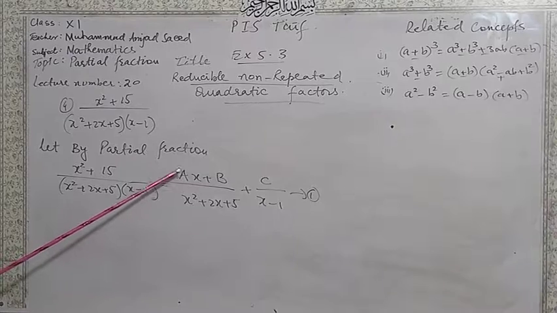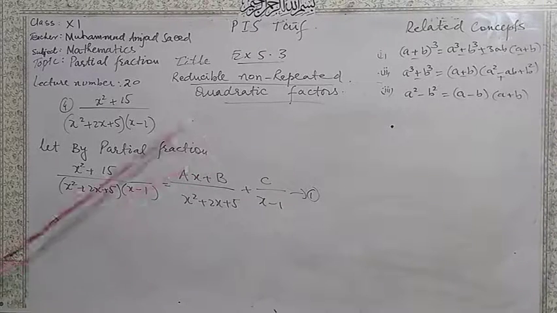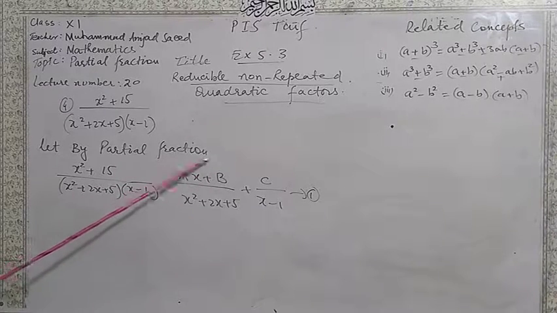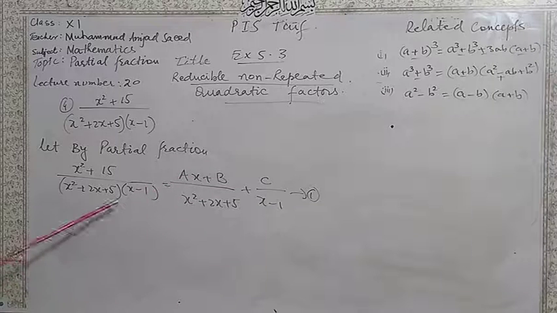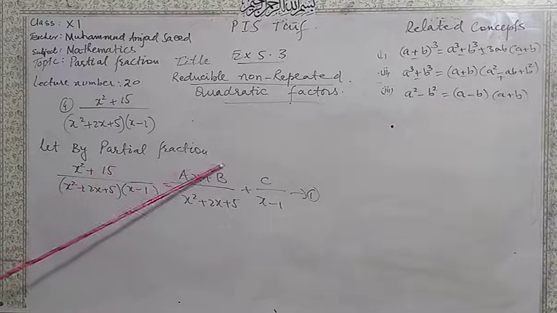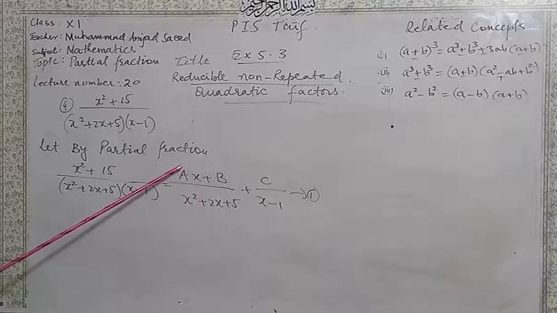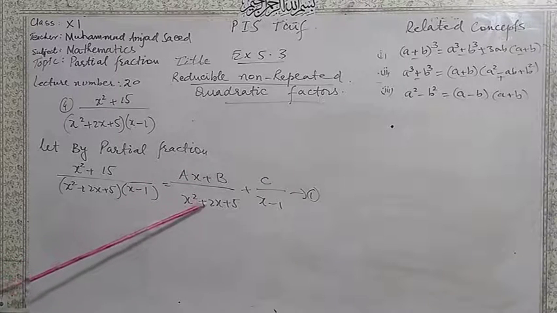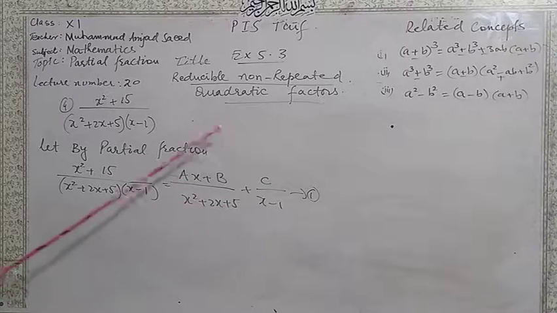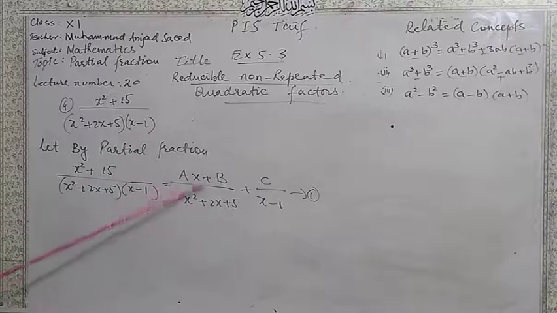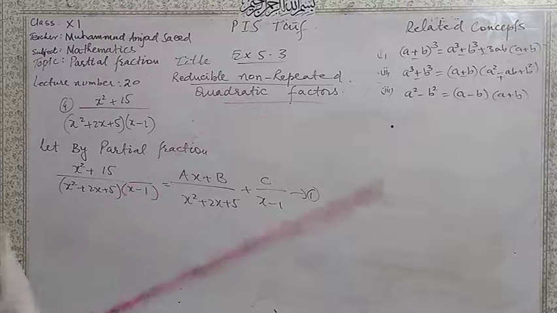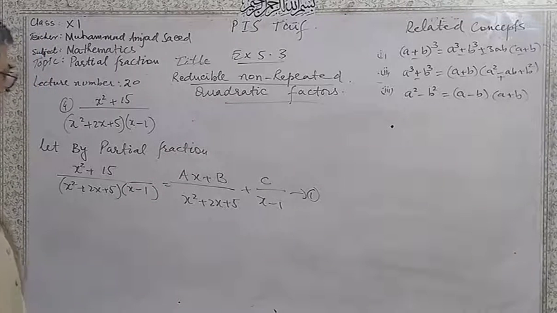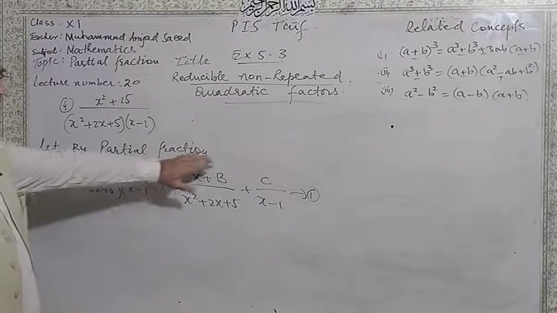You will write ax plus b, one degree less than the given expression, so there are 2 constants a and b for this x square plus 2x plus 5. Exactly in the same way you will do all questions of exercise 5.3.